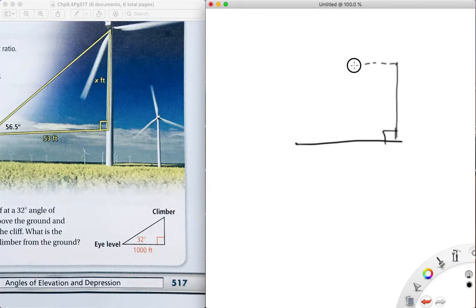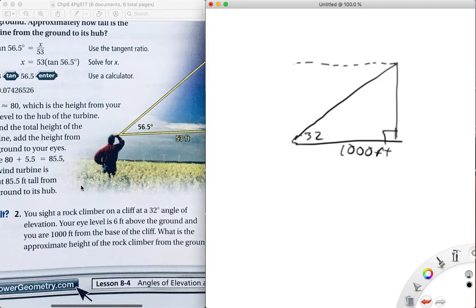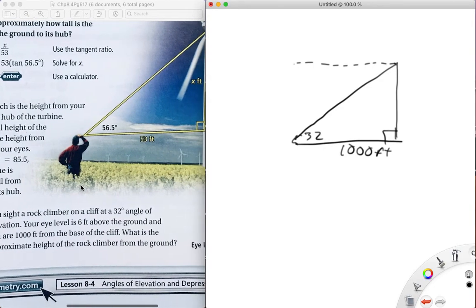We think of this as sort of the horizontal line of sight. So these would be parallel. Here's the angle of elevation, and it's 1,000 feet away. I'm assuming they want to know what is the approximate height of the rock climber above the ground. So they want to know what this is.